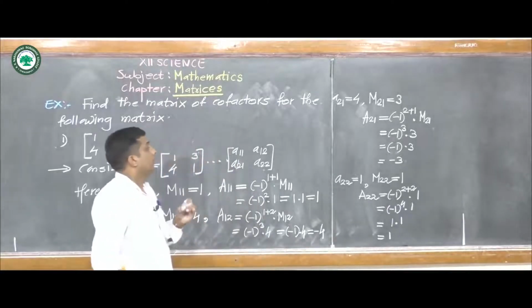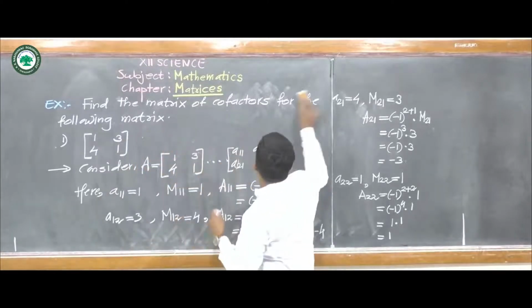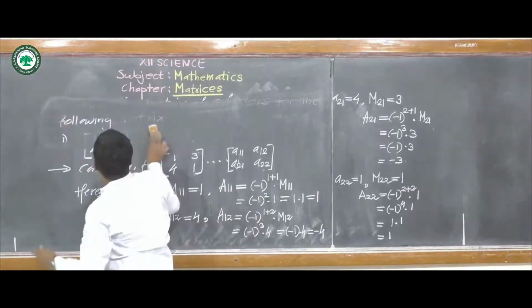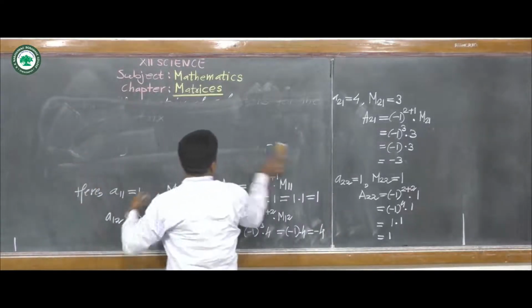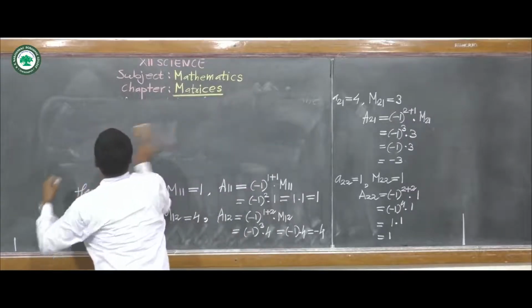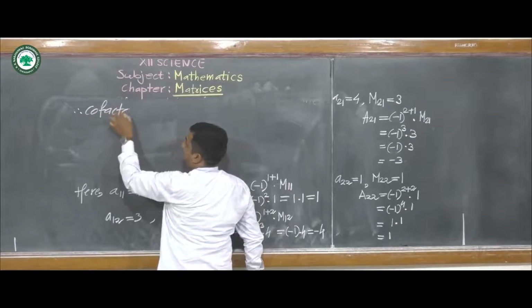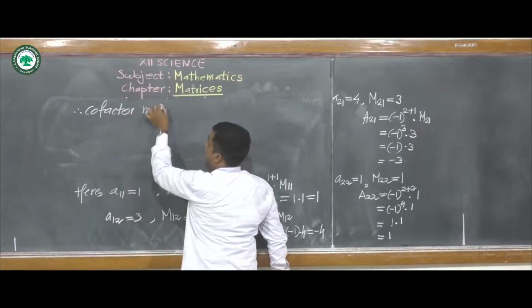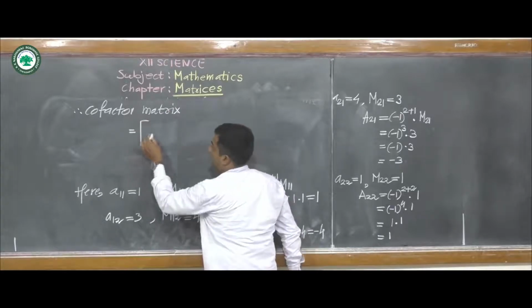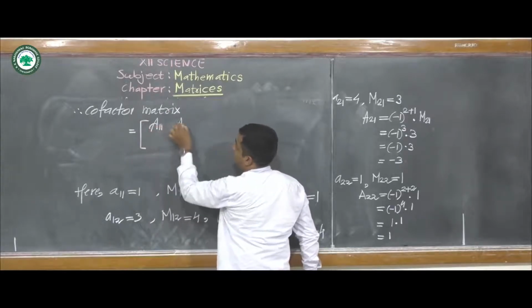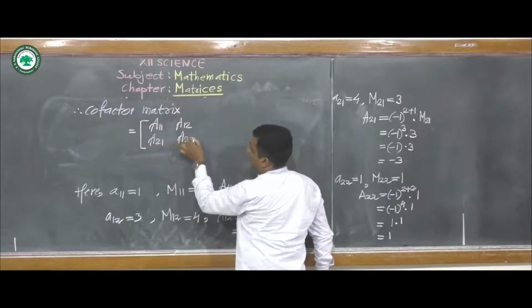Now we have to consider the cofactor matrix. The cofactor matrix is equal to the matrix having elements A11, A12, A21, A22.